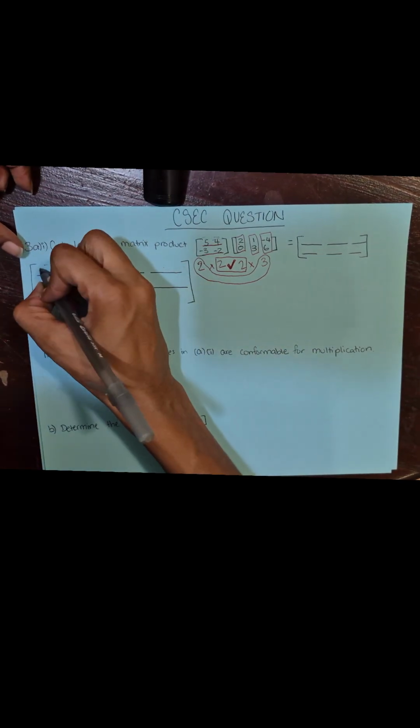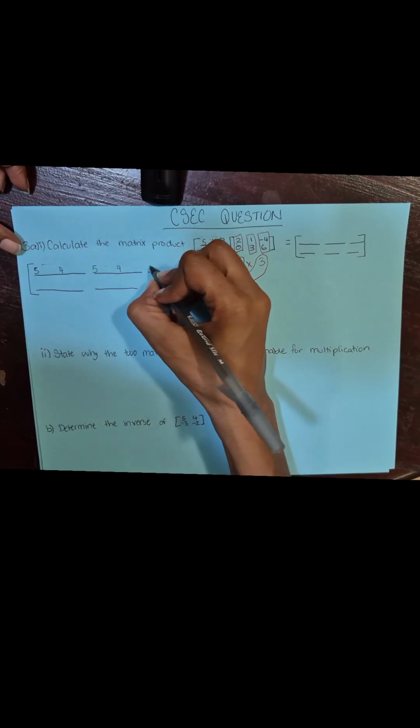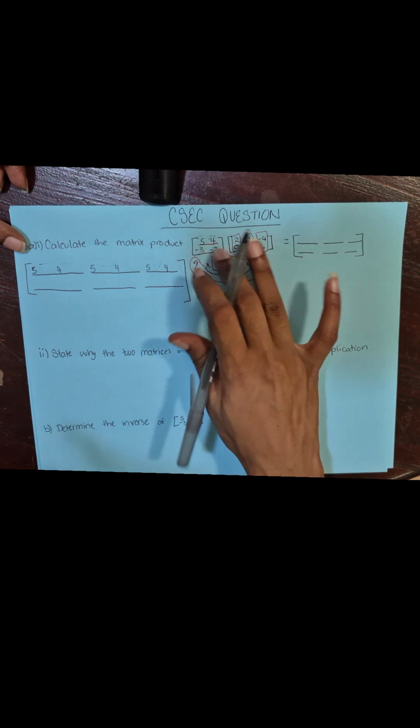So that's how we're going to write our answers. Now on our first row, we know we're using our first row. So everybody on the first row should have 5, 4. And everybody on the second row should have -3, -2.